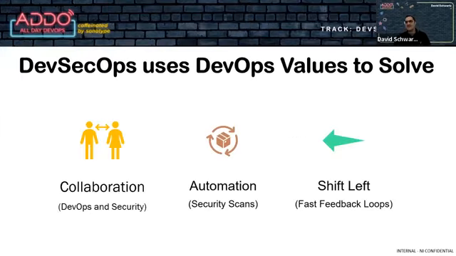And so DevSecOps said, okay, someone came up with the idea and said, hey, let's use DevOps values to solve the problem. Some of the things are not on here, like leaning in, where you talk to the security team and help them understand that they have to find solutions, not just say no, that's fine. But the main things are collaboration. You have your DevOps and your security working together throughout the cycle, always checking everything.